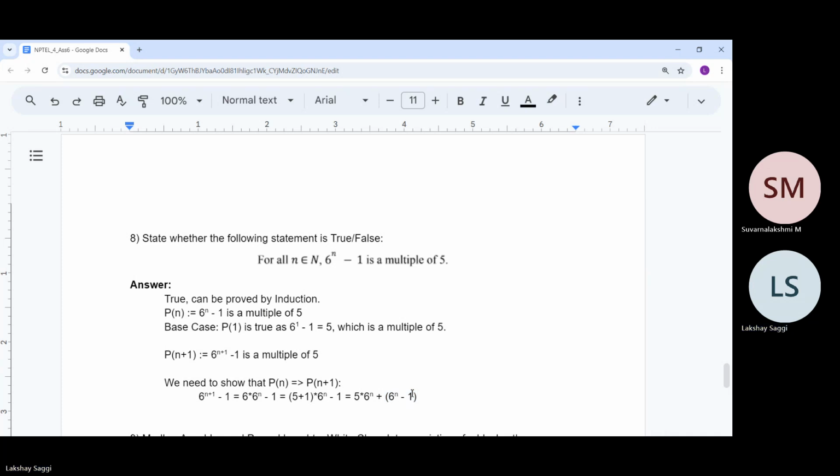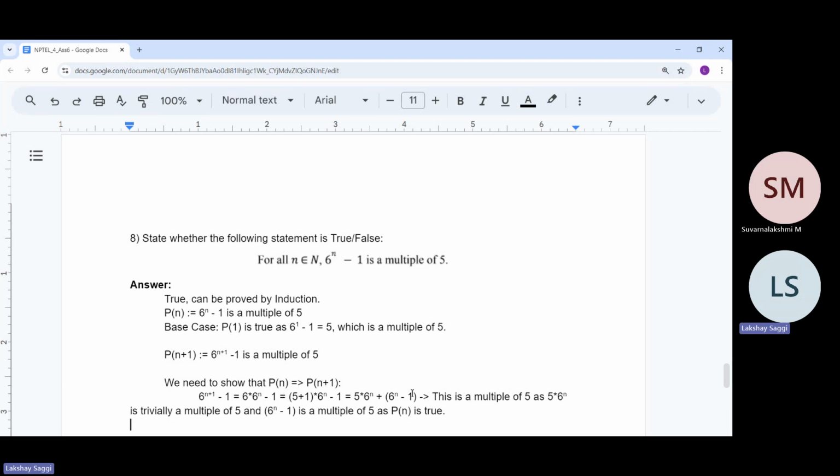So this is a multiple of 5, as 5 times 6 to the power n is trivially a multiple of 5, and 6 to the power n minus 1 is a multiple of 5 as P(n) is true.